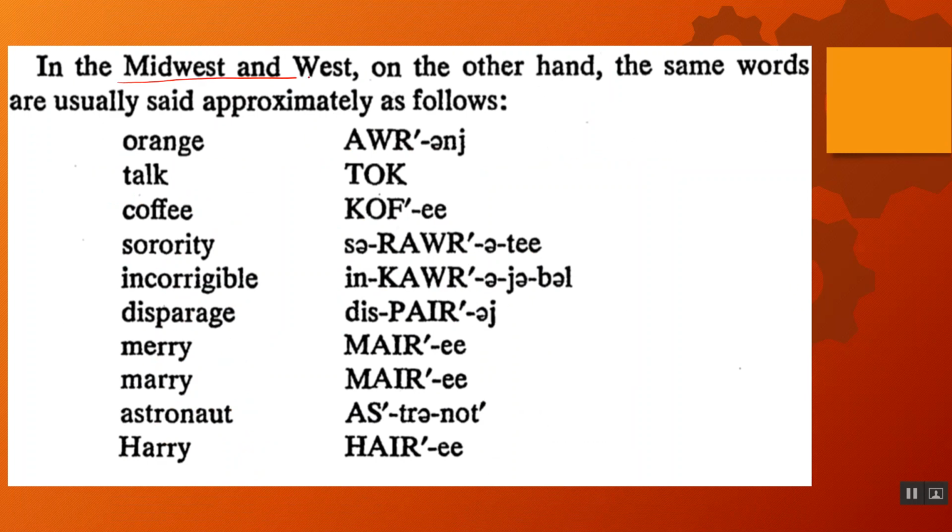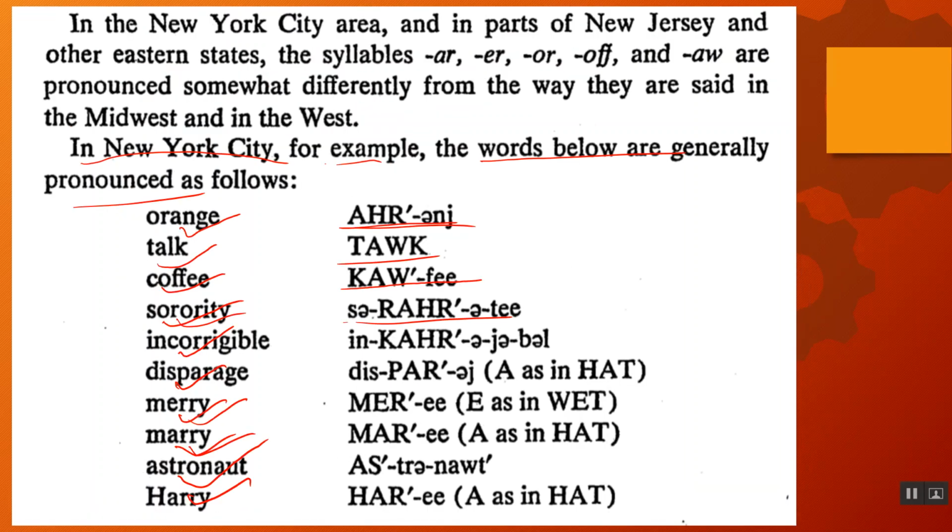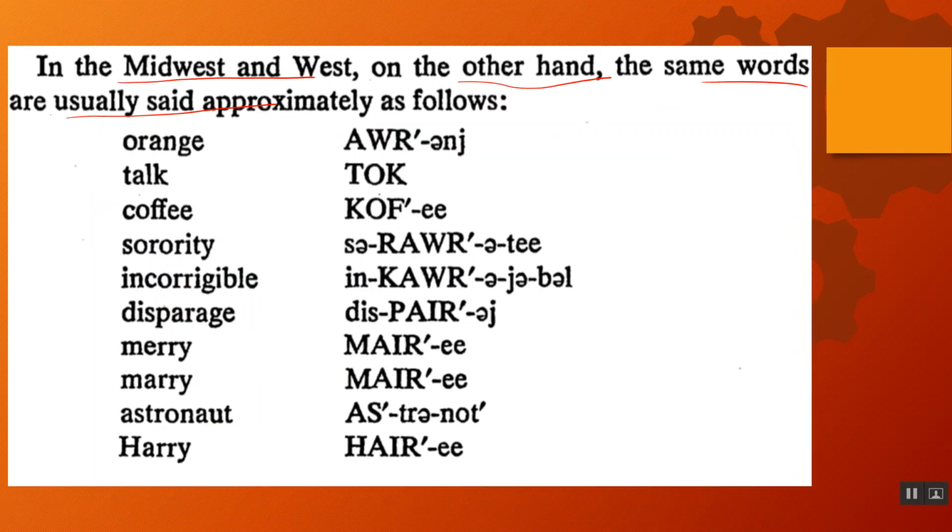And in the Midwest and West, on the other hand, the same words are usually said approximately as follows: orange. It's not orange, orange. Talk, coffee, sorority, incorrigible, disparage.